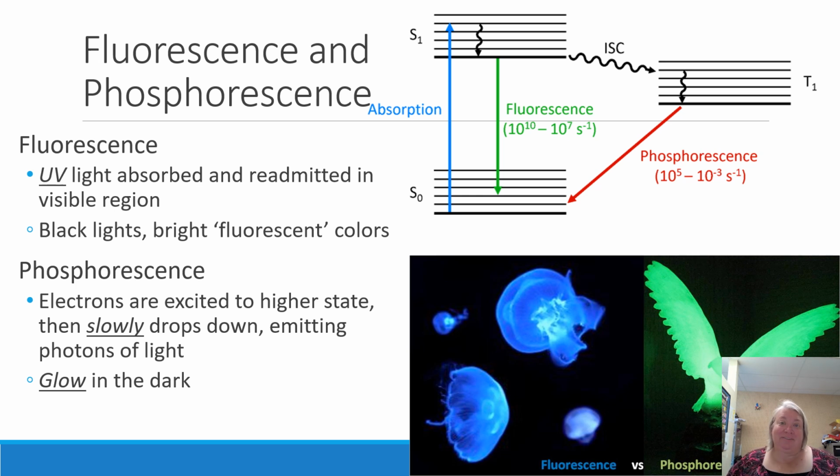What fluorescence does is it absorbs light in the UV region. So if you remember, the UV is just outside the violet region, so it has a shorter wavelength and a higher energy associated with it. So it absorbs this UV light and then it re-emits it in the visible range.